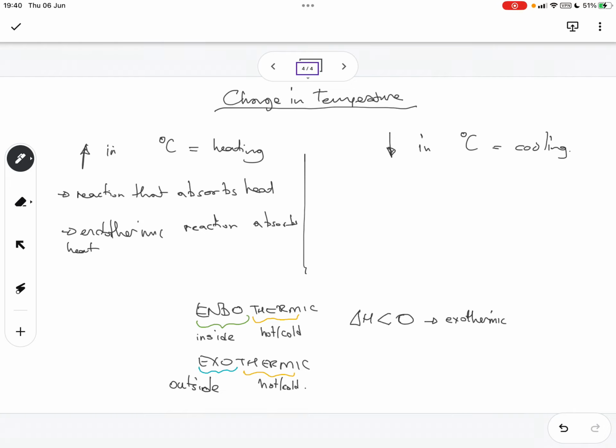So then the reverse would be endothermic, right? Now this symbol here is called enthalpy. We can look at its definition.